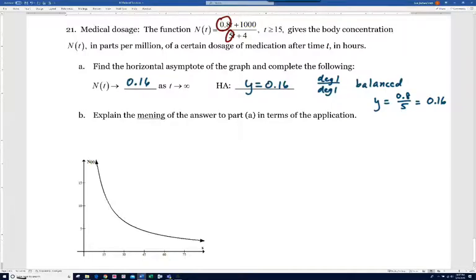Well, it's approaching 0.16, our asymptote. So let's look at the graph a little more closely. I do have a typo here I need to fix. That should be meaning. So down below we have our asymptote at y equals 0.16, horizontal asymptote.